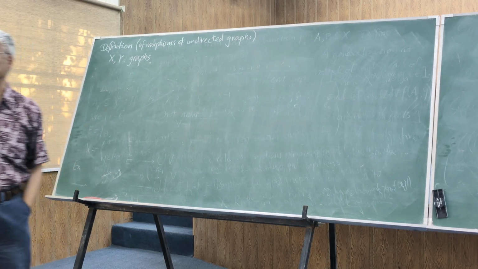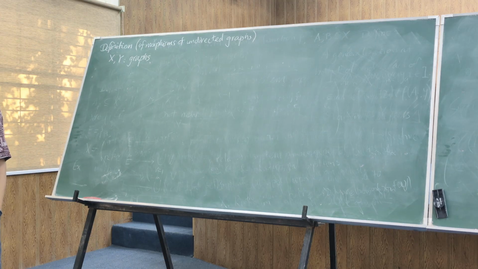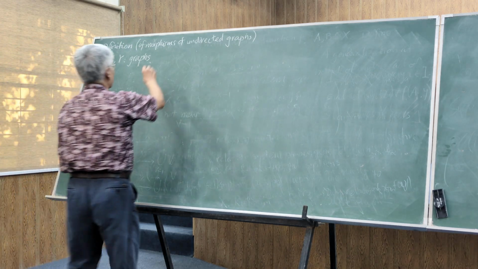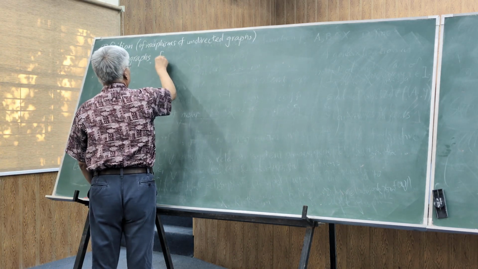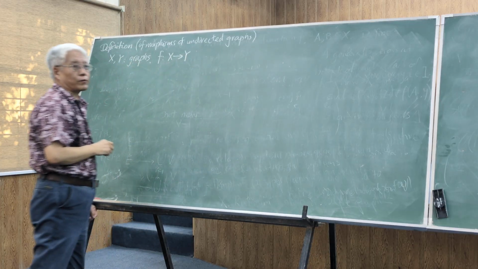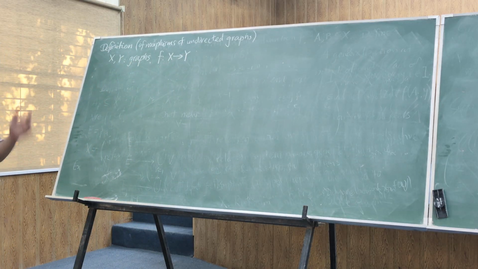Even as we give graphs as a mapping, the graph x is the union of its vertex set and edge set. That's no problem, even up to continuum cardinality, so no confusion will arise. f is a mapping from x to y.